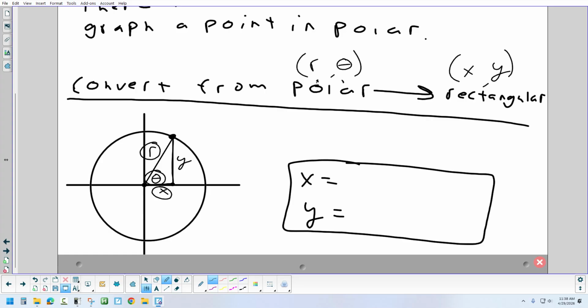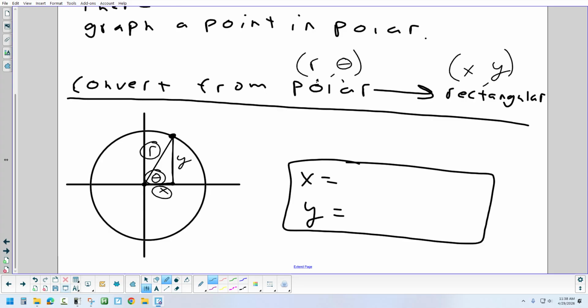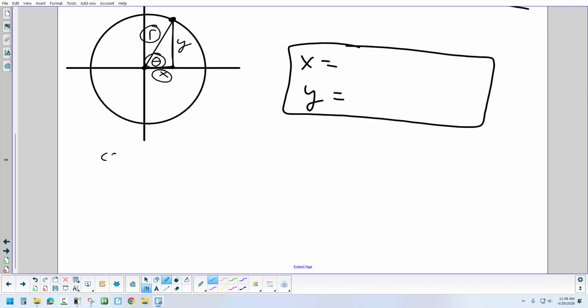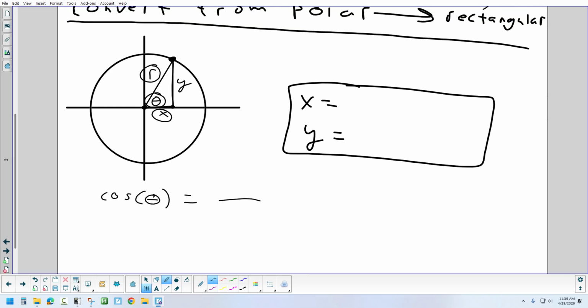Is it cosine theta? Let's start with that. Cosine theta equals x over r, adjacent over hypotenuse.